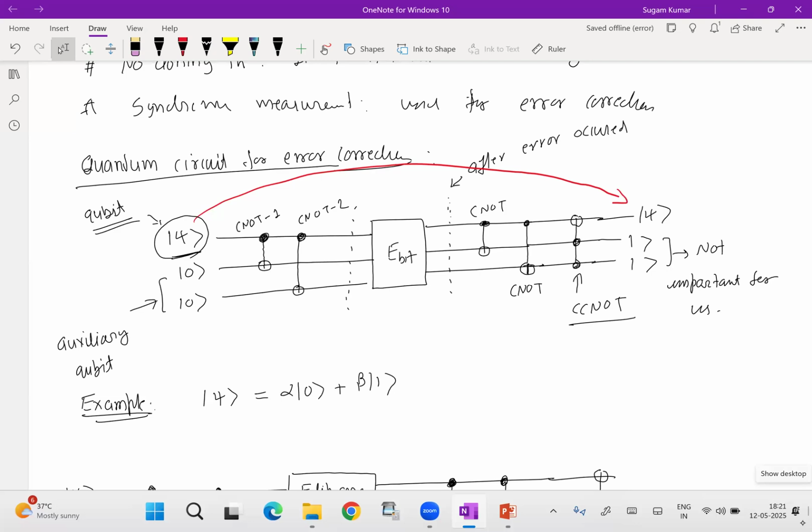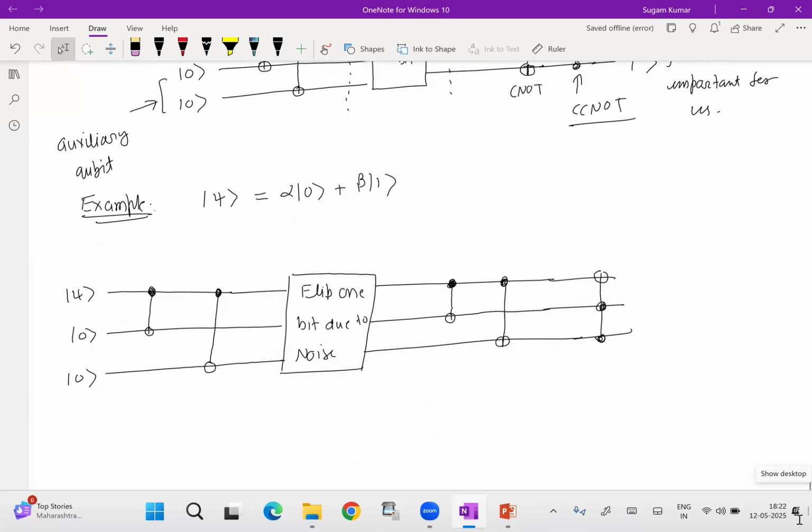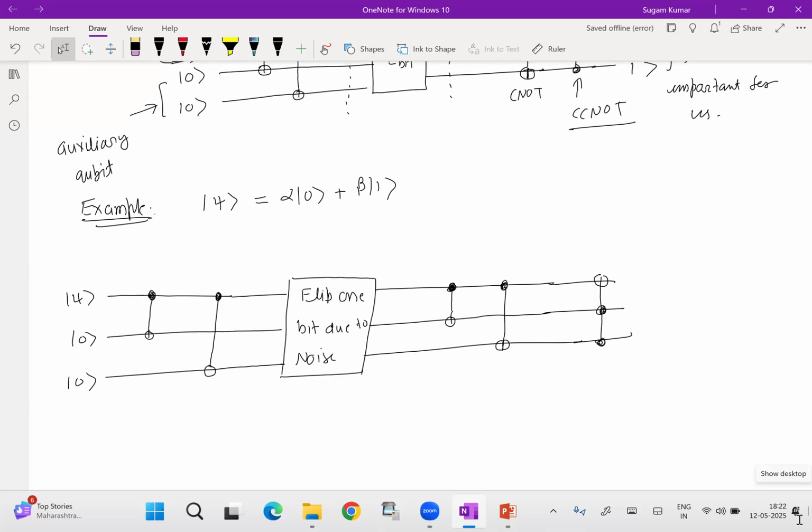What does it do? Anybody let me know what the CCNOT gate does. If both control qubits are in state 1, then only the target bit will be flipped. Exactly. It acts like an AND gate, correct? Yes. Good. So now we are discussing this example and you will understand how it works.